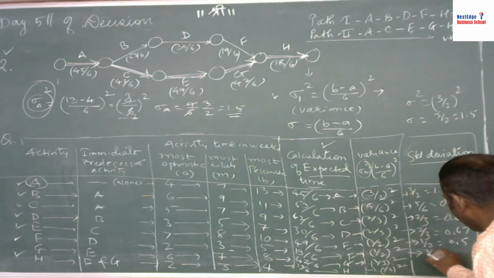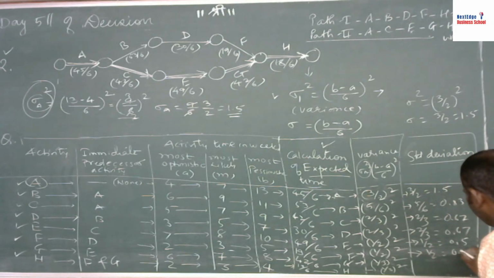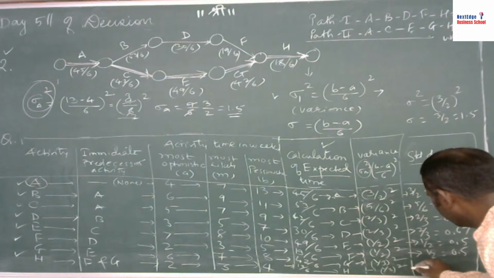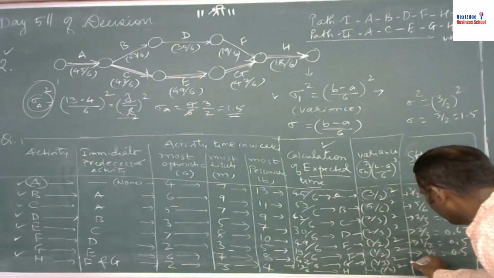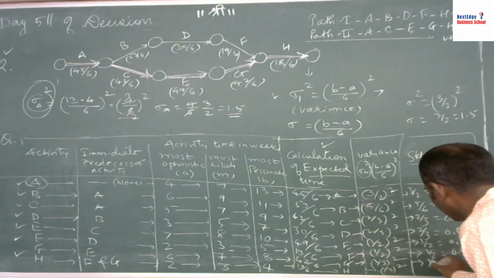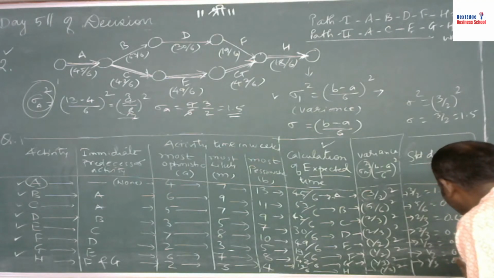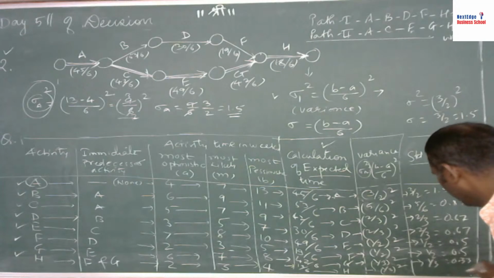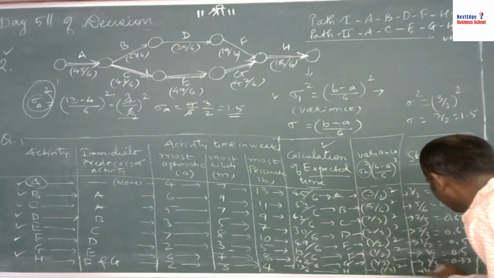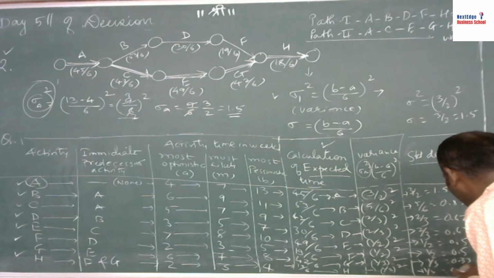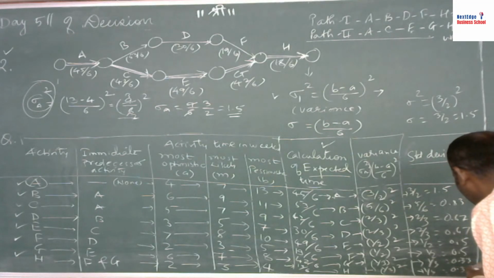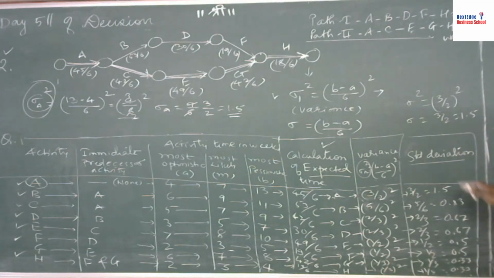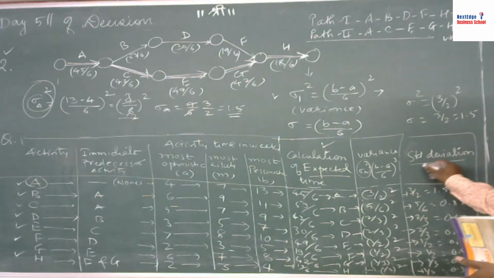F again 1 by 2, 0.5, right. Then 1 by 3, 0.33. I hope you all can see this. And again for last, 1 by 3, 0.33, right.